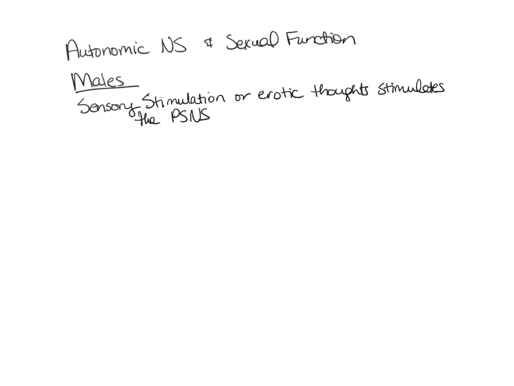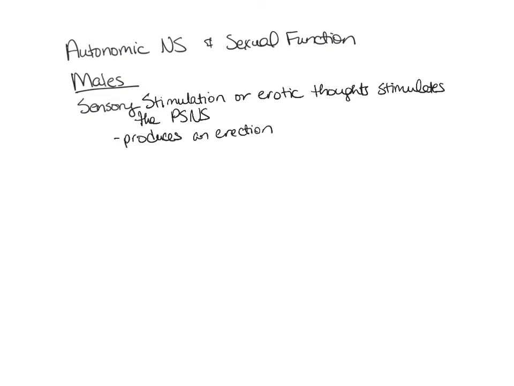All right, I want to go over just a couple more things. I'm going to talk about the autonomic nervous system and how it influences male and female sexual function. So during sexual arousal in males, or if they have erotic thoughts, or if there's any type of sensory stimulation, or both, it could lead to parasympathetic activity that will produce an erection.